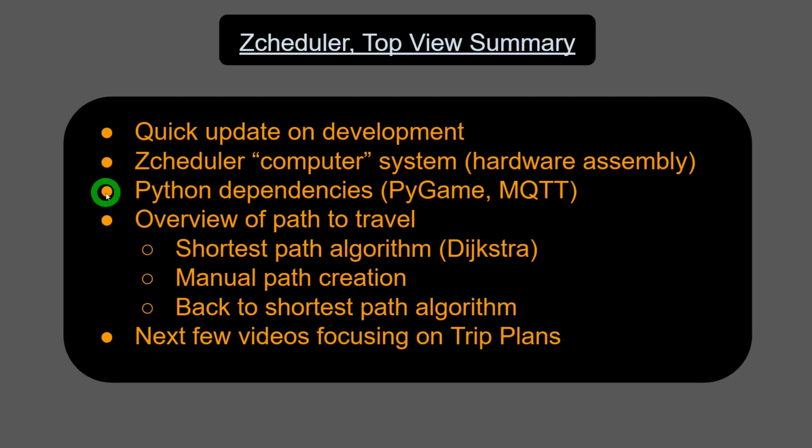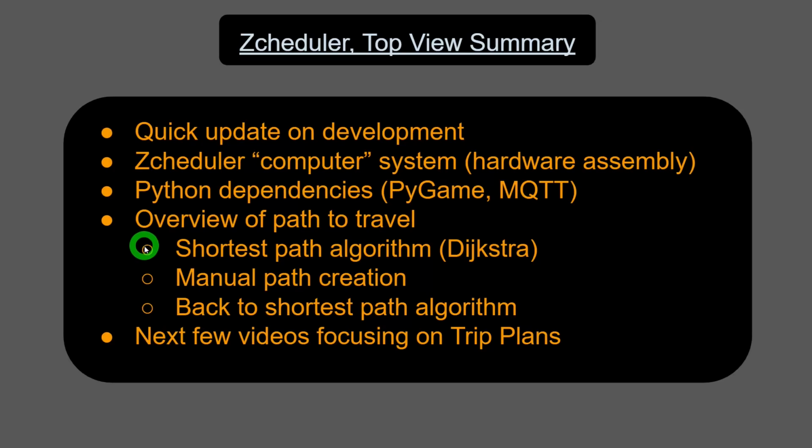Then we're going to take a look at an overview of path to travel. That's a very difficult concept that seems to be creating some confusion. There's been a lot of discussion on it, both online and offline, and we're going to talk a little bit more about that, and that'll set the stage for our next two videos.